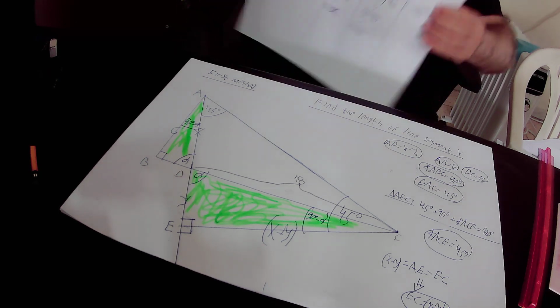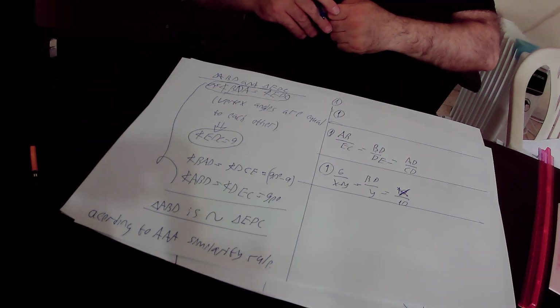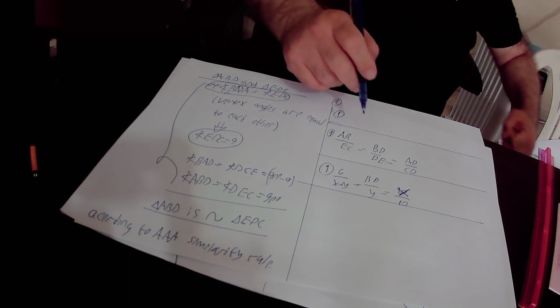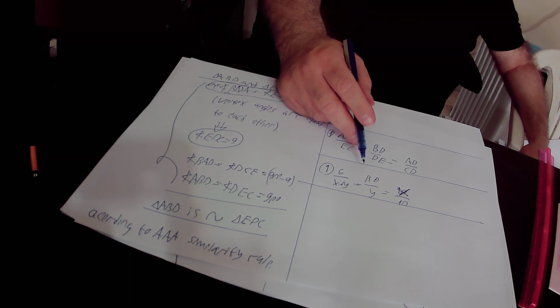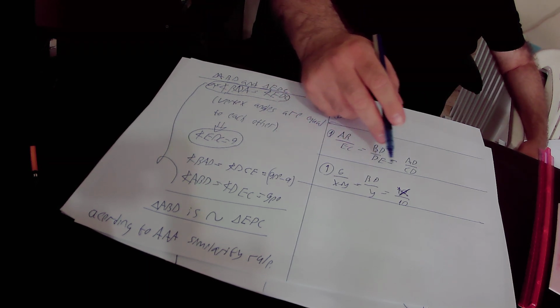So in conclusion, according to equation number 1, 6 over x plus y equals BD over y equals x over 10.